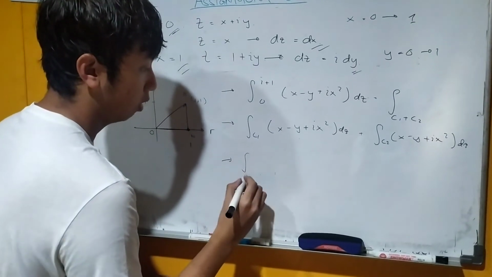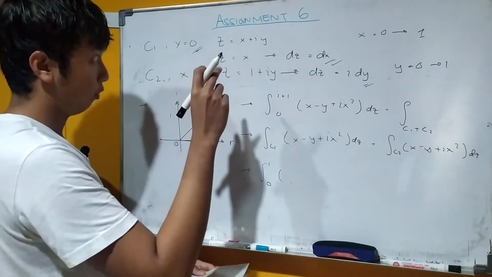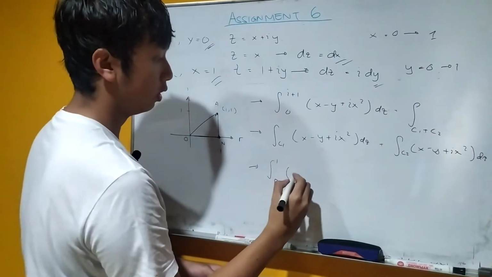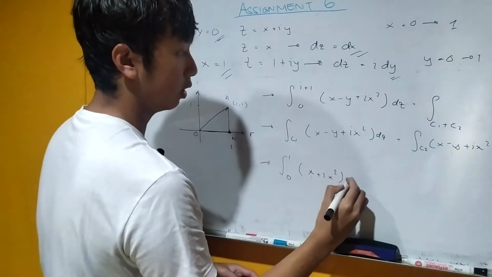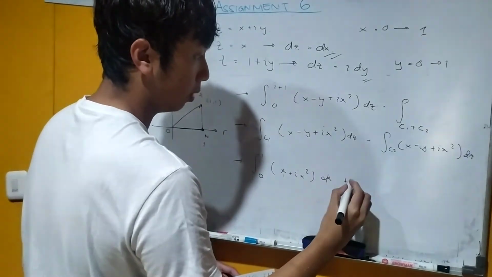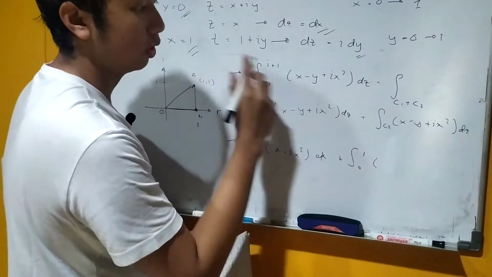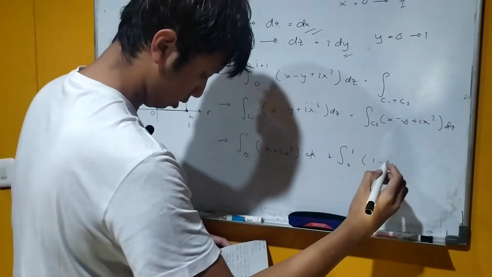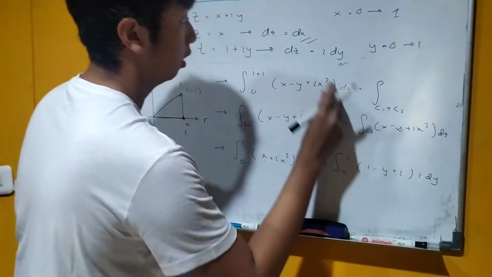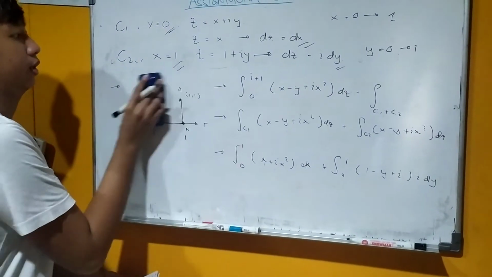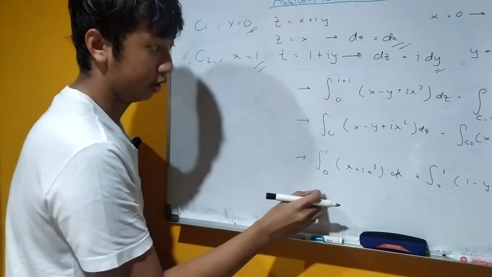So for C1, from 0 to 1, we plug in y equals 0 into this equation, which becomes x plus ix squared with dx, plus, for C2 from 0 to 1, we plug in x equals 1, which is 1 minus y plus i, times i dy, which is from this. So basically we just do the basic integration of this equation.